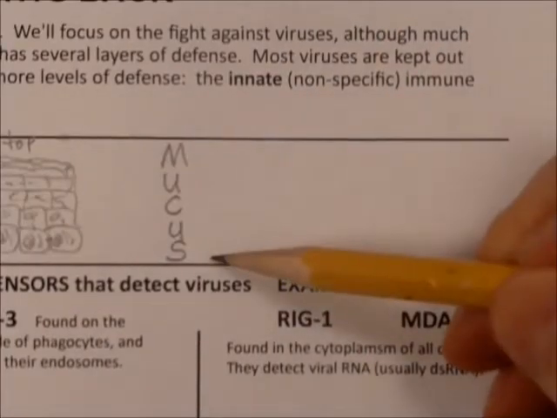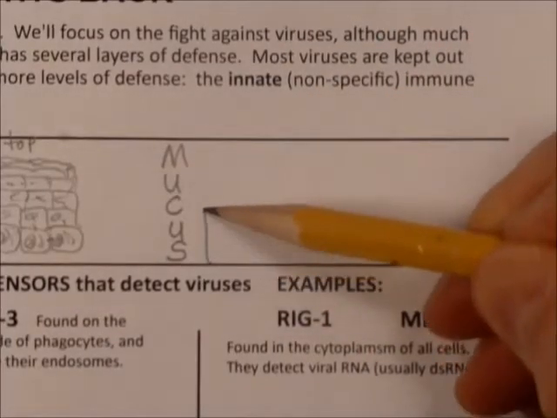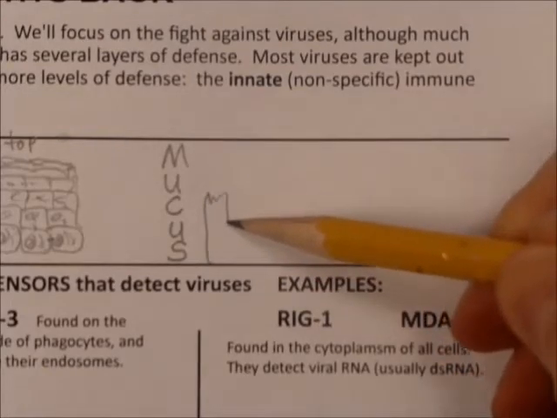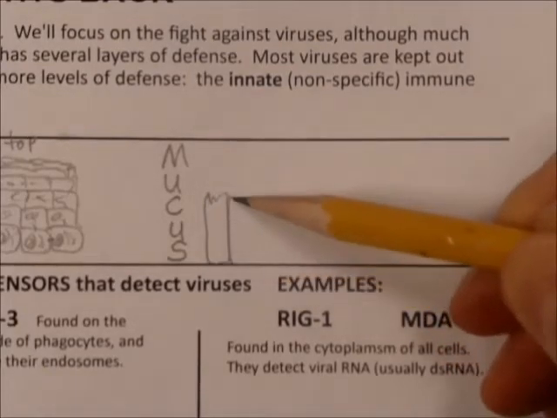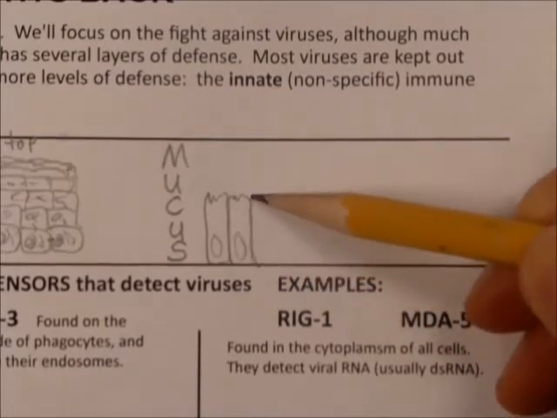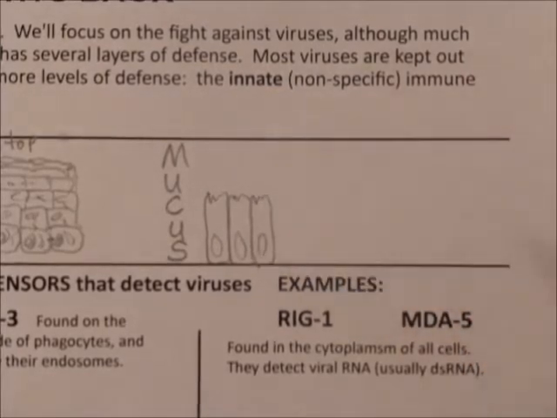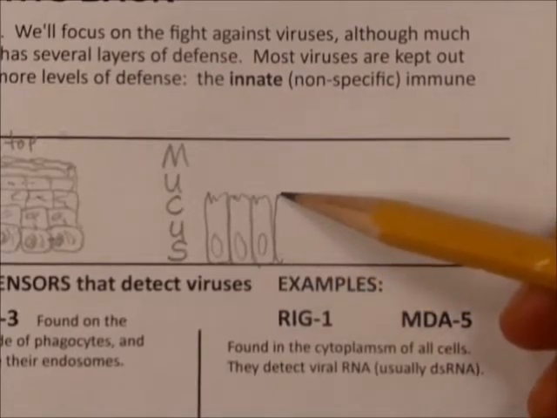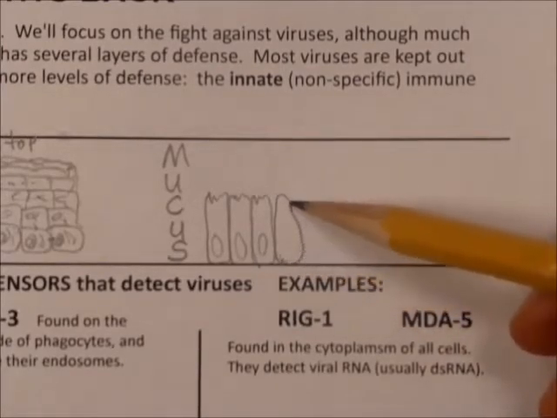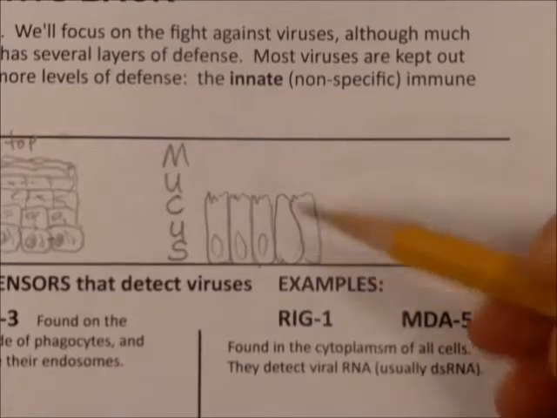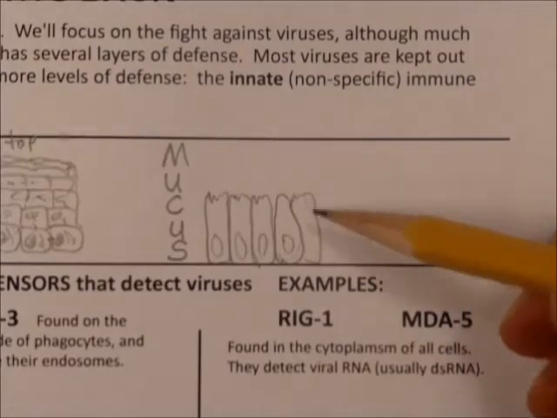Now we're going to make a much simpler version of this. Let's draw a couple of tall cells like this. Put a nucleus in them. And then we'll draw a kind of different looking one that's a little more round. Pretend that's our goblet cell.